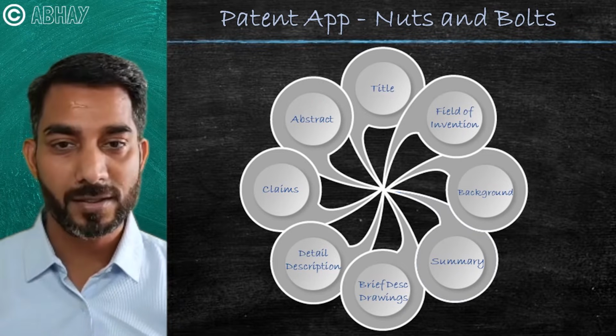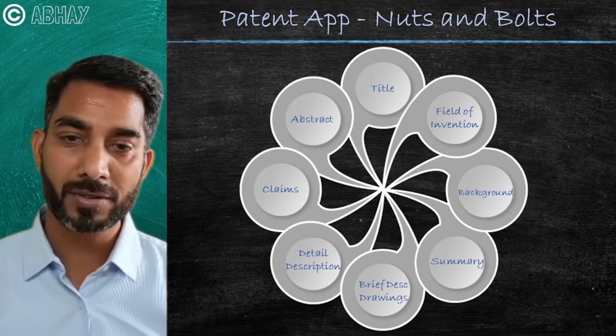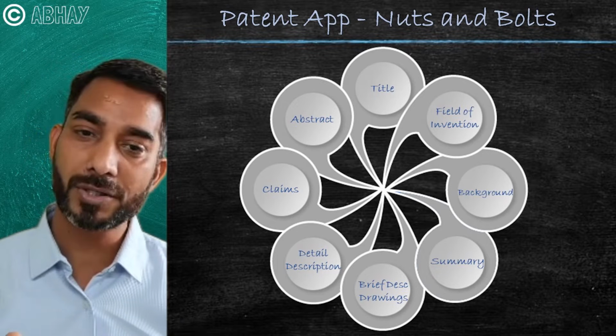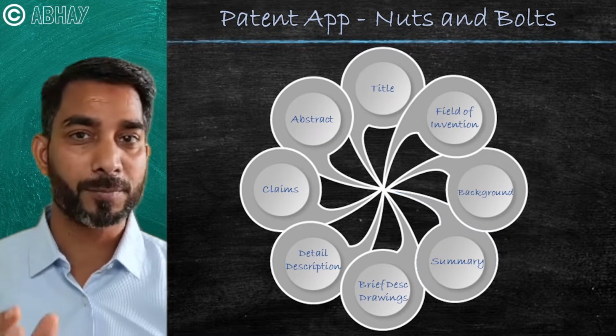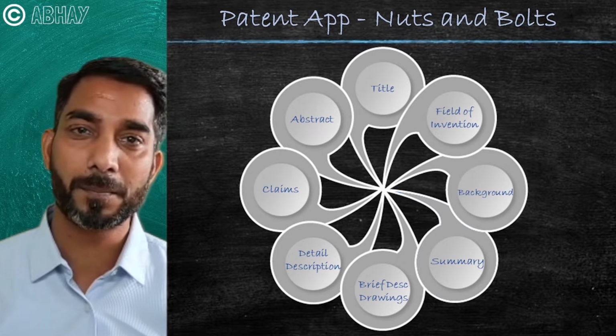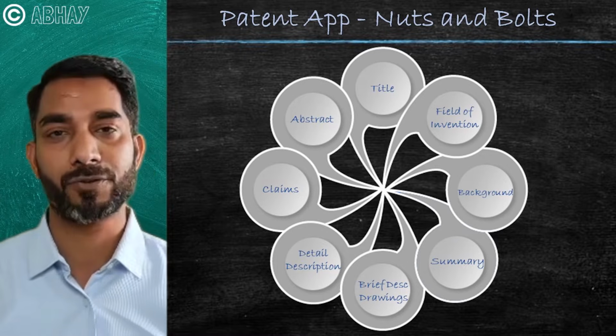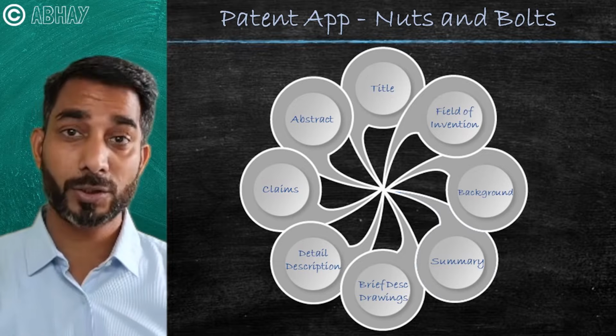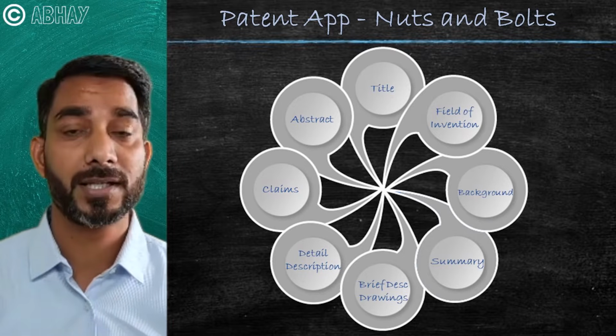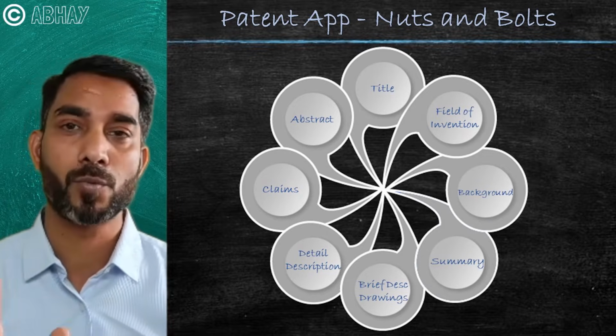You have title, field of the invention, background of the invention, summary of the invention, description of drawings, detailed description of the inventions, then comes the claim that provide you the coverage of the invention, and the abstract. So the information that you pick and choose from the question should go into one of these sections. That's what the Patent Office wants you to do.